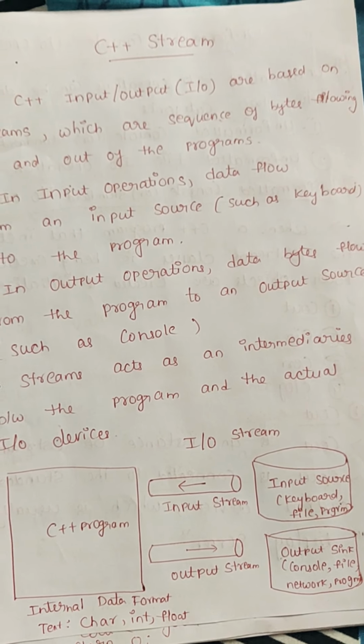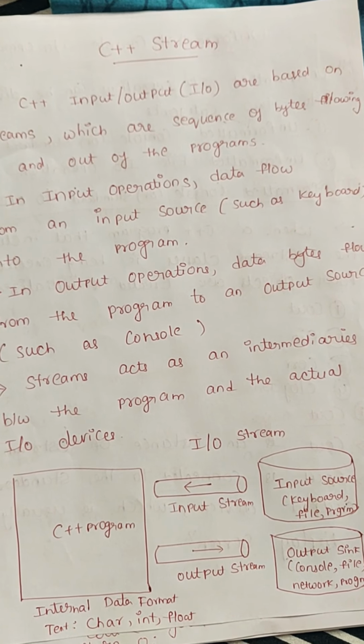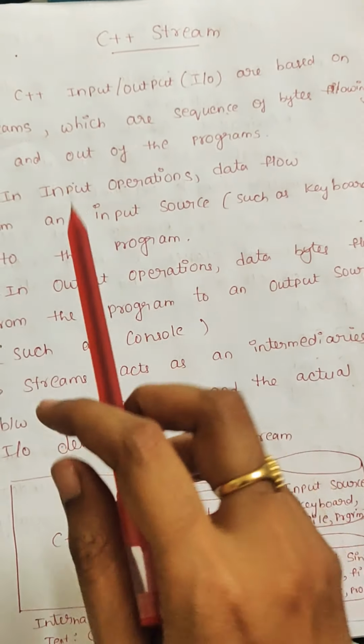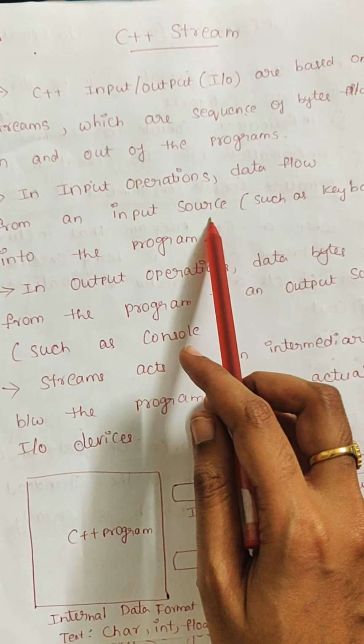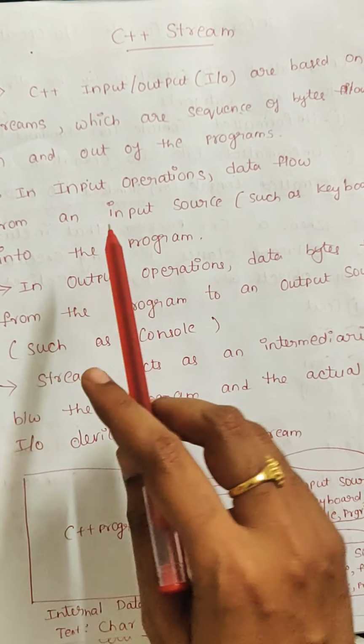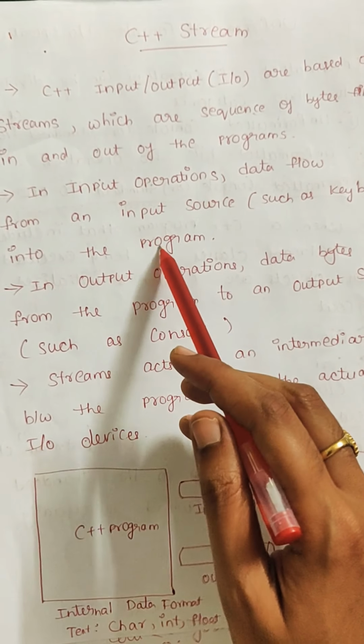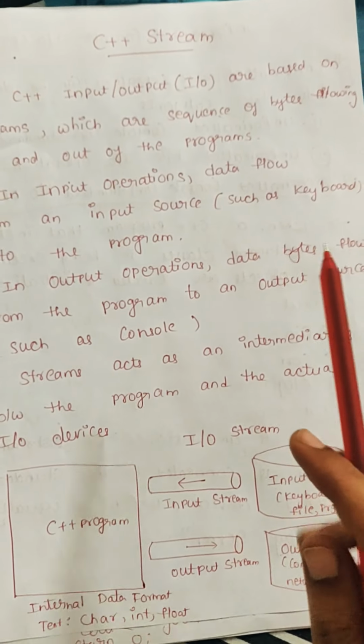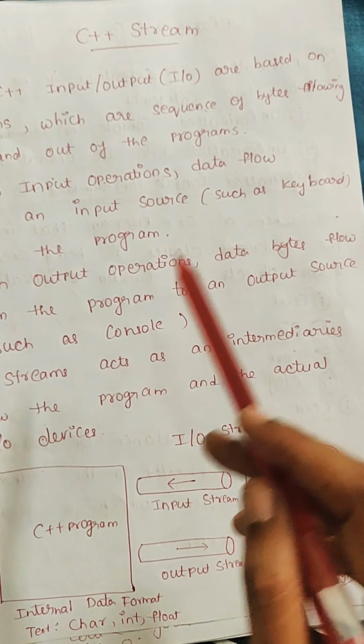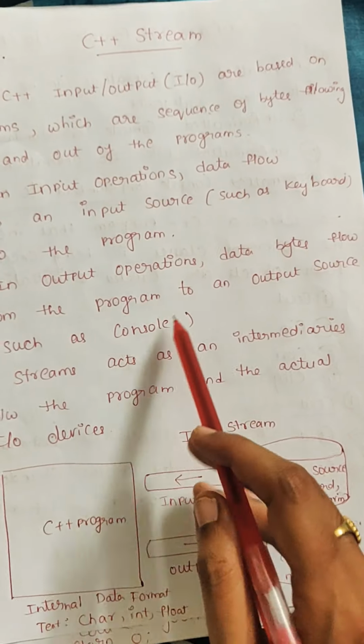Input means we give input using the keyboard into the program, so a sequence of bytes flows from the input source, the keyboard, into the program. In an output operation, data bytes flow from the program to the display screen, that is the console.